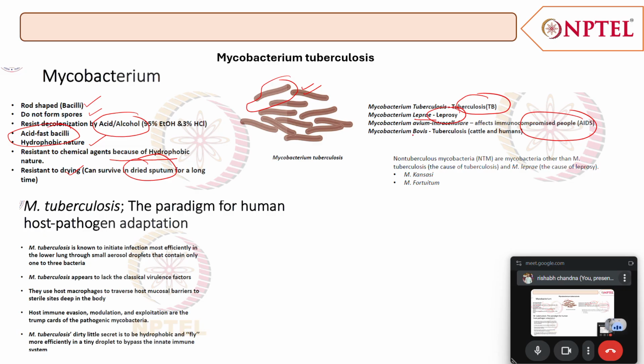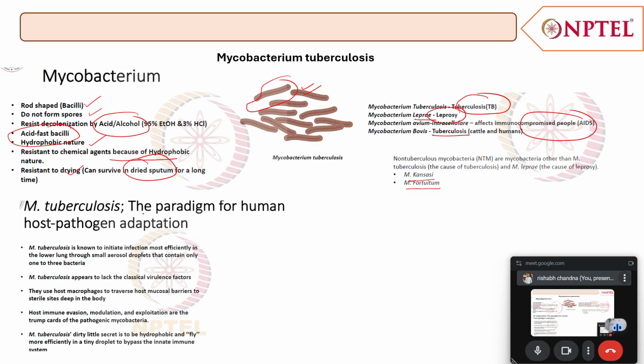And Mycobacterium bovis also causes tuberculosis in cattle and humans. Then we have non-tuberculous mycobacteria, NTM, those other than Mycobacterium tuberculosis and Mycobacterium leprae, for example Mycobacterium kansasii and Mycobacterium fortuitum.